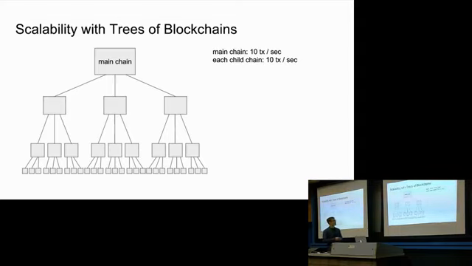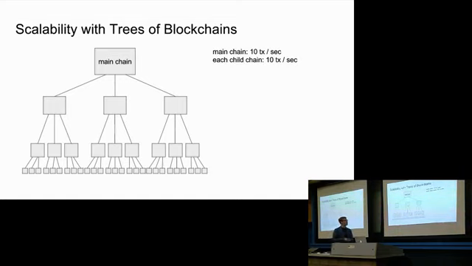Okay, and how well does it scale? So let's assume the main chain and also each child chain has 10 transactions per second. This is roughly the bandwidth of Ethereum and Bitcoin. We already talked about the overhead that comes with moving tokens around and also committing the state hash and probably also objections and resolving these objections.